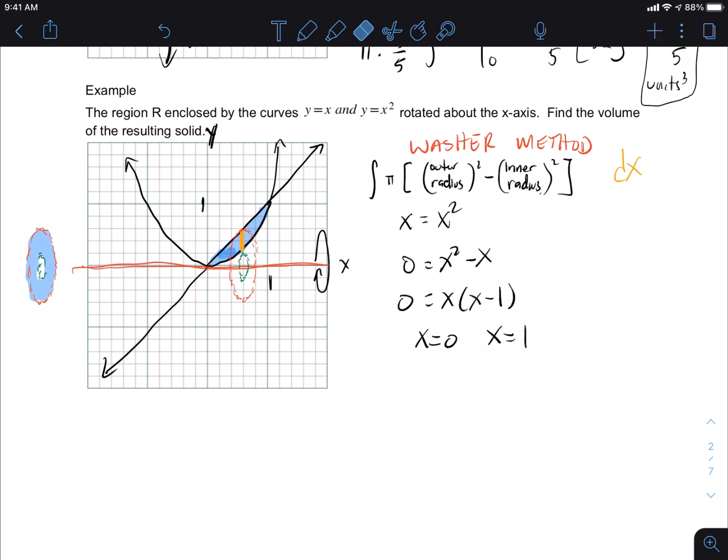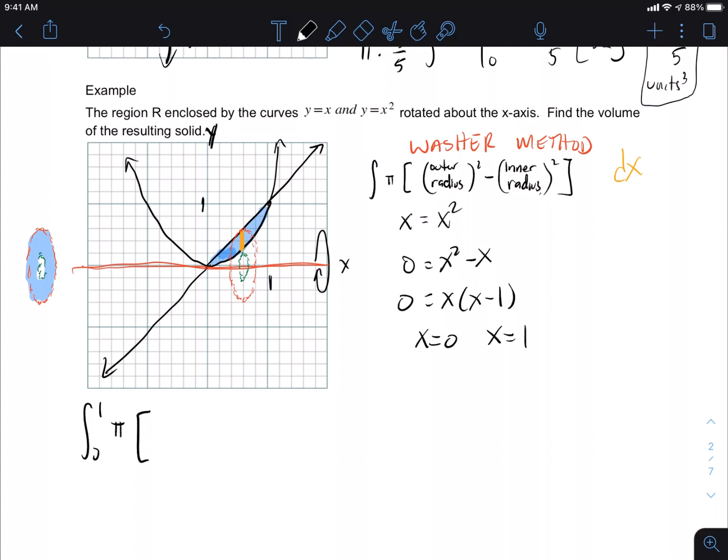So, in the problem that we have here, what is our outer circle? From the axis of rotation. So we know that the integral is going to go from 0 to 1. We know it's going to be pi. Now, notice that the outer circle's radius is from the axis of rotation to the outer function, right?